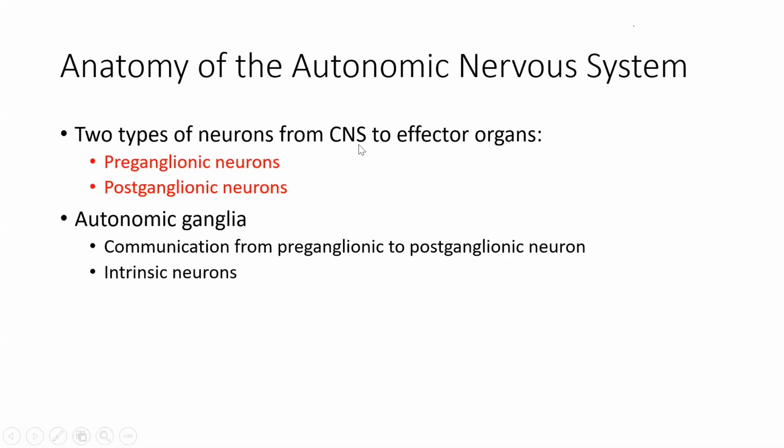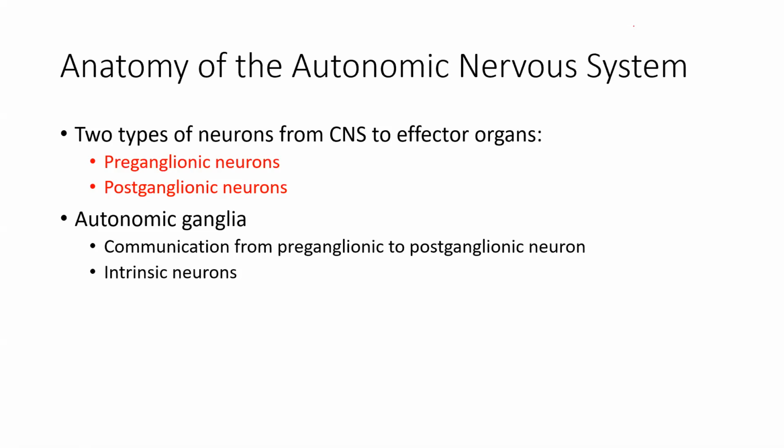So then we can also move on to look at each of the individual systems. Okay, so that was the anatomy of the autonomic nervous system, and we can move on to look at the anatomy of each of those divisions, and that's what we'll do. So we talked about two different neurons from the CNS.